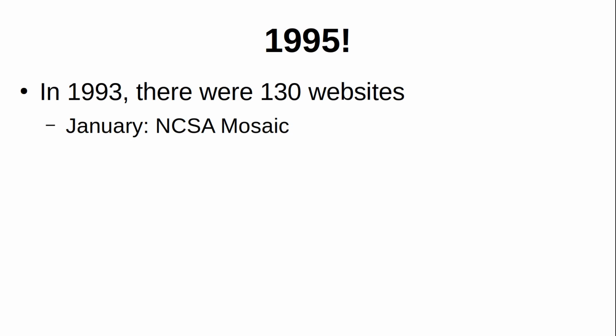But in January of 1993, NCSA, just a bunch of kids at the University of Illinois, released Mosaic, which was the first really successful graphical web browser. And it just revolutionized everything.